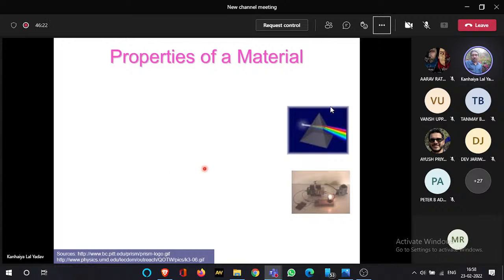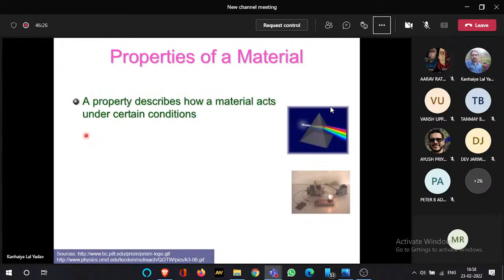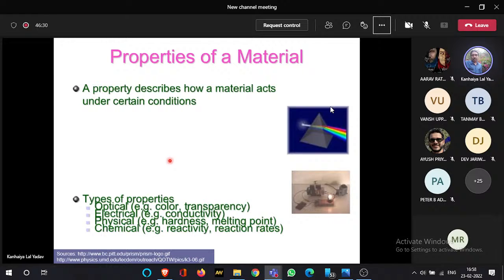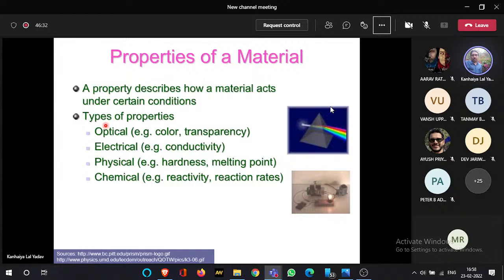So how properties of materials change: a property describes how a material acts under certain conditions. You look into things like the optical properties, such as color and transparency of the material. In electrical, you find the conductivity; physical, like hardness and melting point; and chemical properties like reactivity and reaction rates.